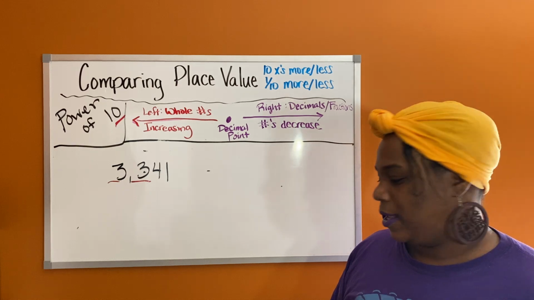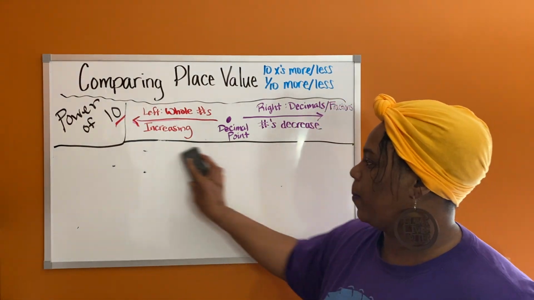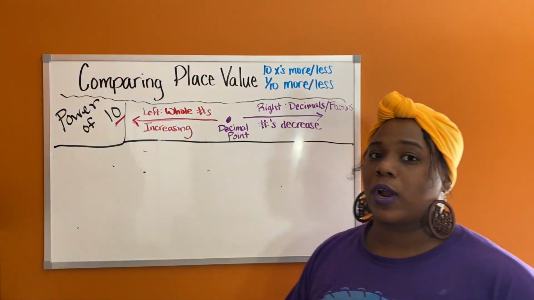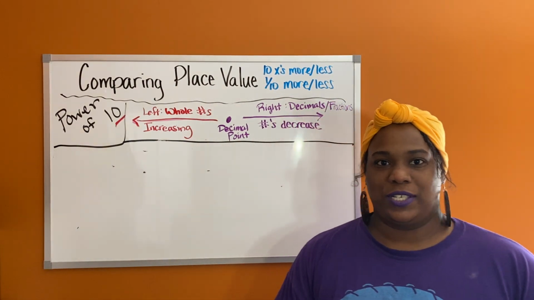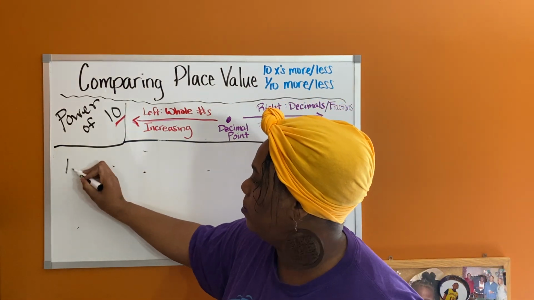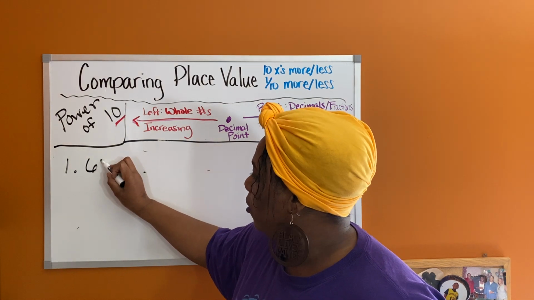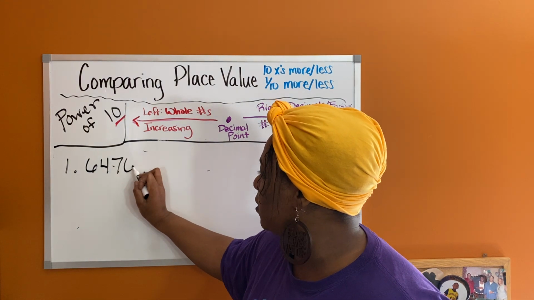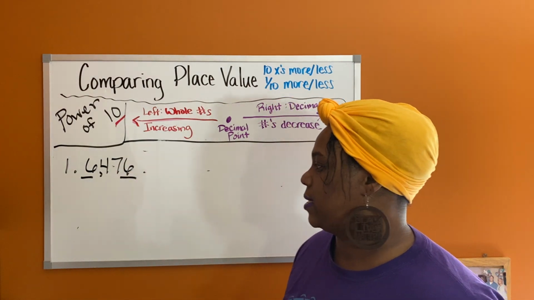Okay? So now what you are going to do is I'm going to put 6 problems up here, and those you are going to work on your own, and they will be due this Friday, May 1st. Okay? So the first problem, you're going to look at 6,476, and you're comparing your 6.